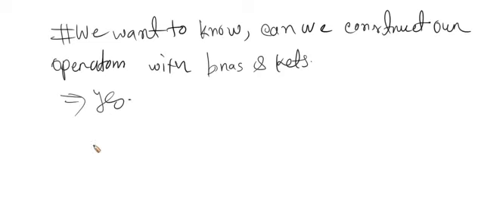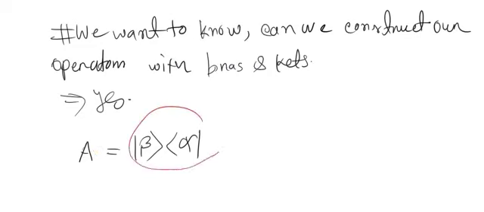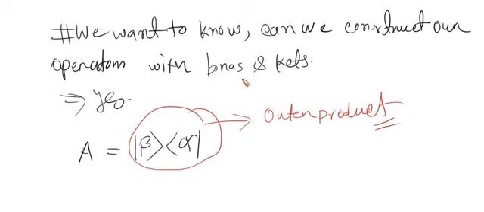Let's say you have an operator, let's call it A, some operator. You can write it like this, where beta and alpha are not necessarily the basis vectors, and this product here is known as an outer product, and this outer product will give you these operators.